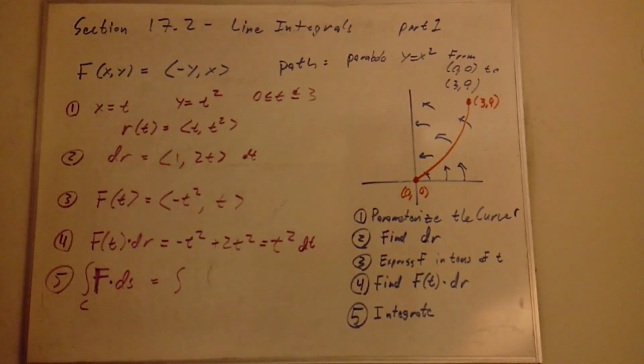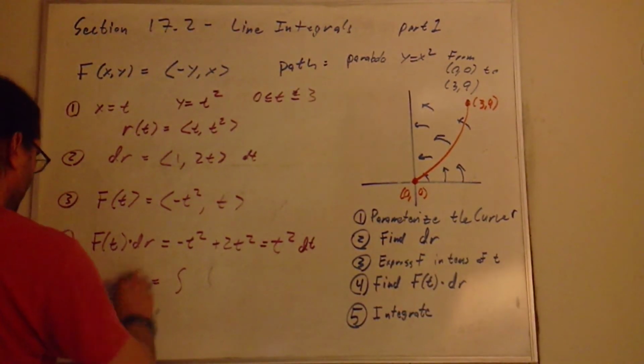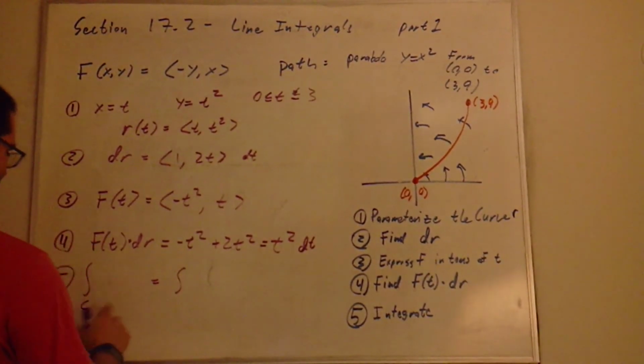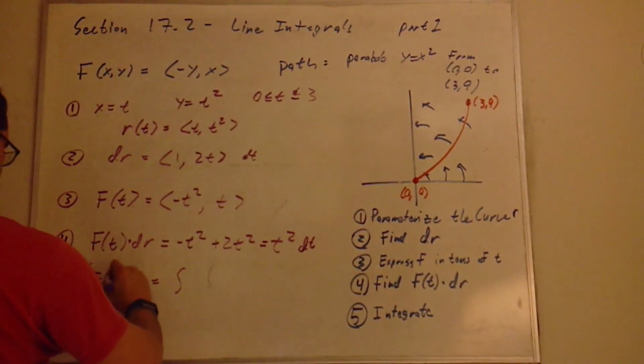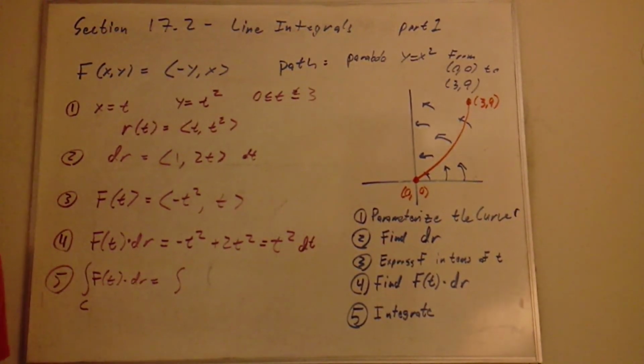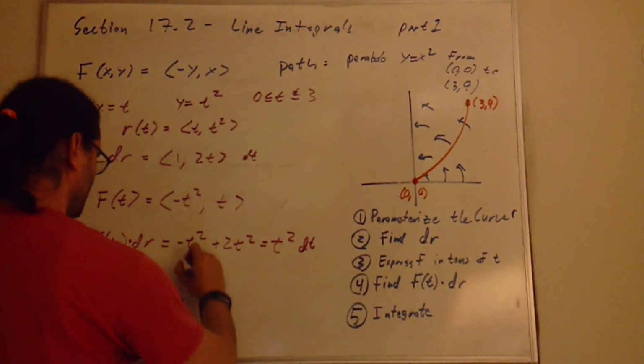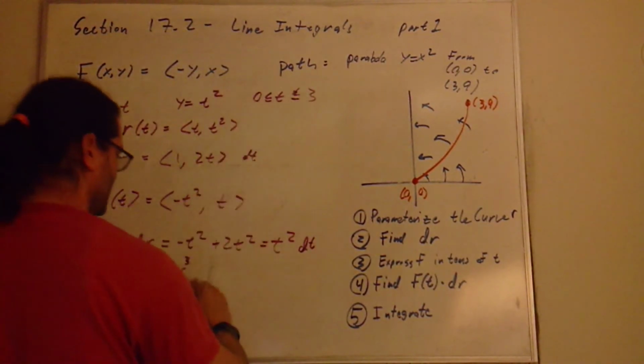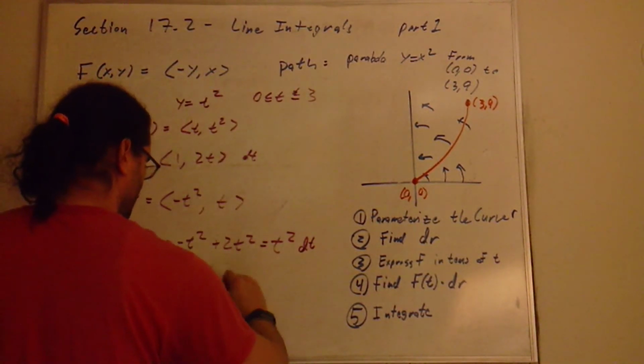I don't know. I'm going to call it the integral along the curve of f of t dot dr. This is the integral from 0 to 3, those are our bounds on t, of t squared dt.